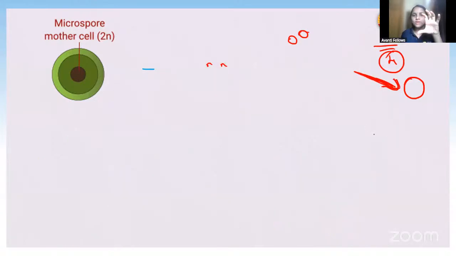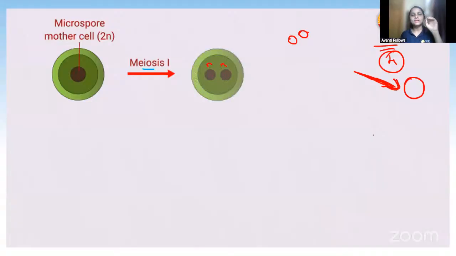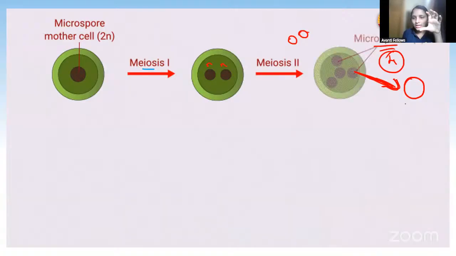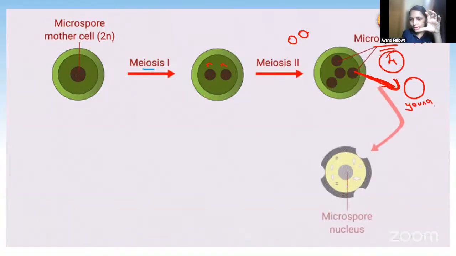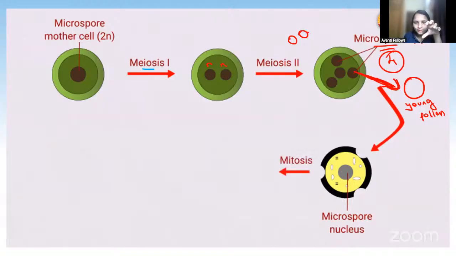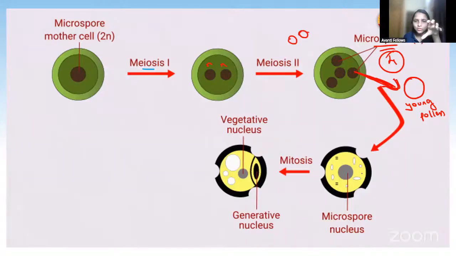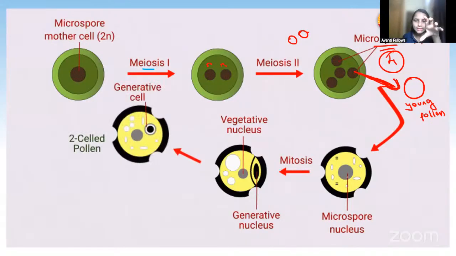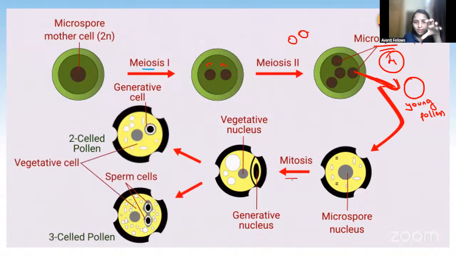This microspore, we are not going to call a pollen grain. We are going to call it young pollen or microspore. Now, it has only one cell, a vegetative cell, and the nucleus is there. Now it undergoes mitosis and has two cells.